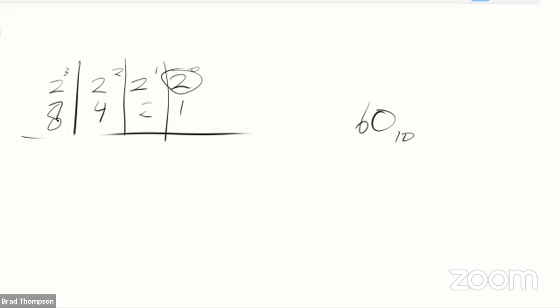All right, so the easy way to do this, what is the largest power of 2 that's less than the number that we want? In this case it's 32.